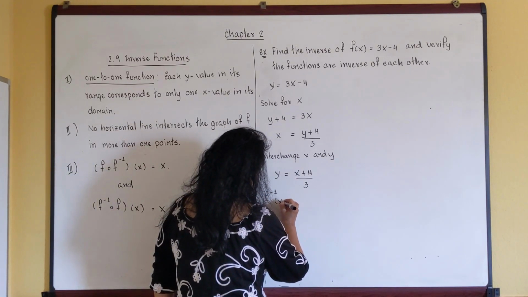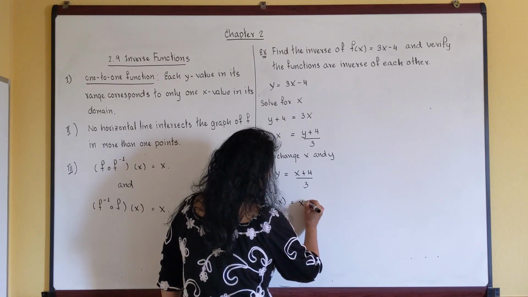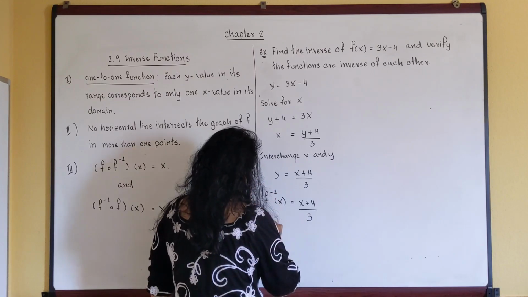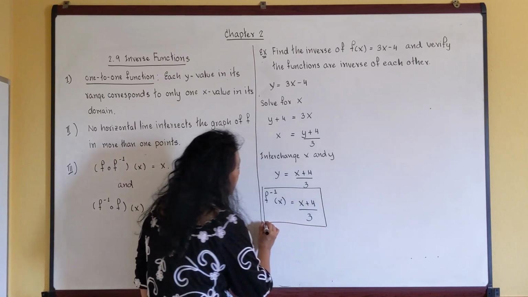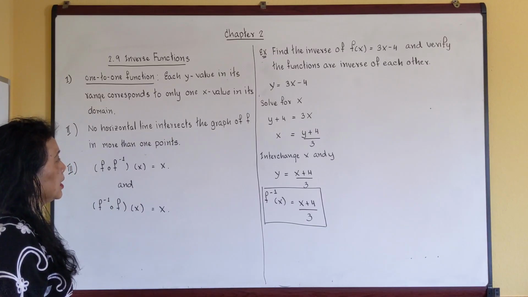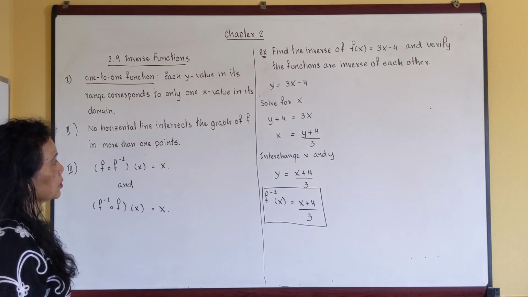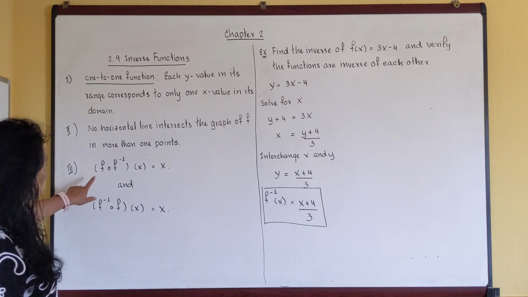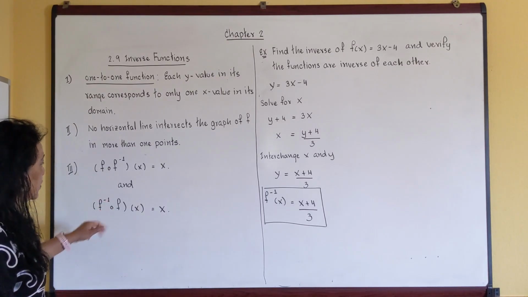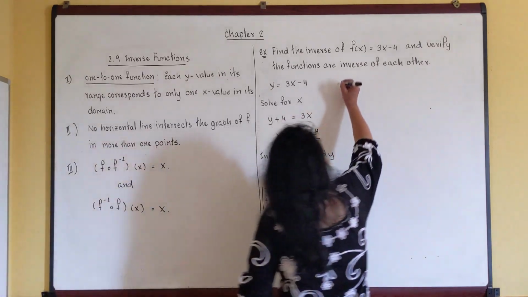So the inverse function is going to be x plus 4 over 3. So that is my inverse function. Now I have to verify that this is the correct one, that they are inverses of each other. So you have to do the composition in both directions, right? So let's do that.